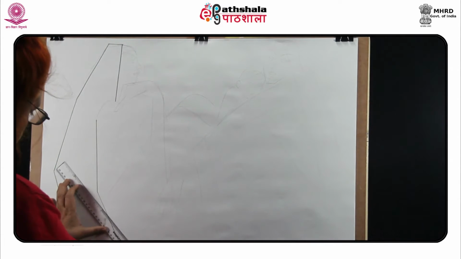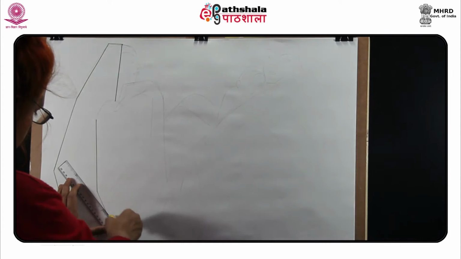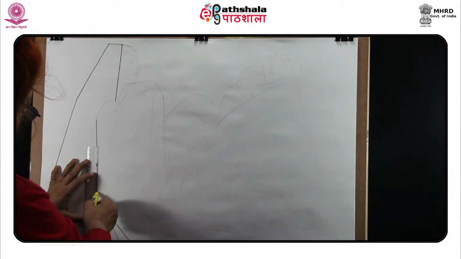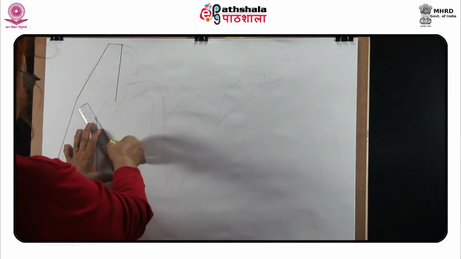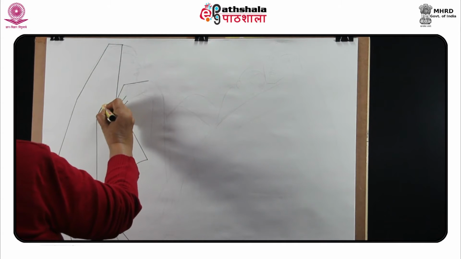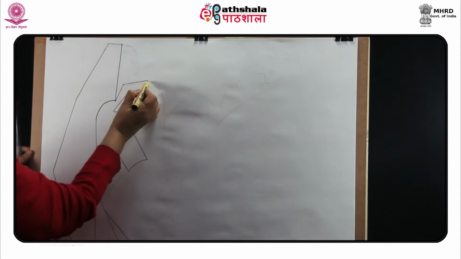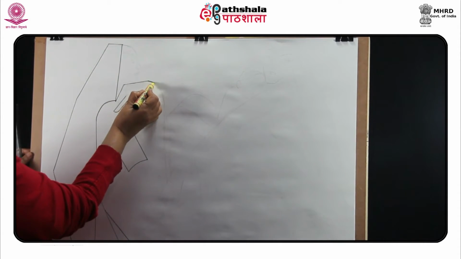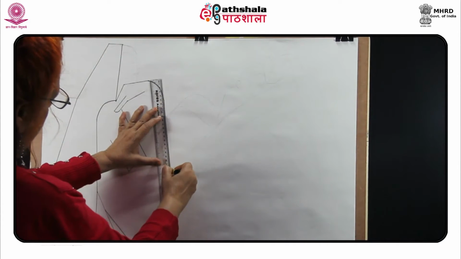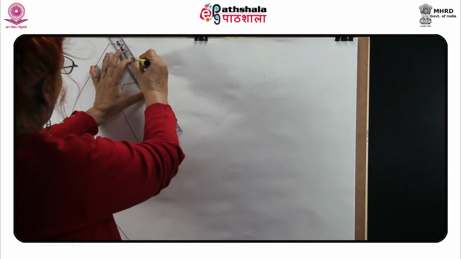Even if you have round forms, go over them and change them into sharp lines and edges. If you have a round oval shaped head, you can change this into a rectangle and you can join these lines with each other. For example, you can join this line with the other figure.